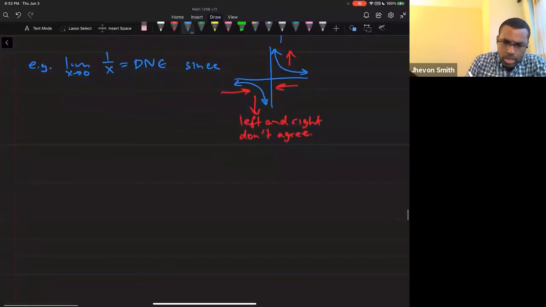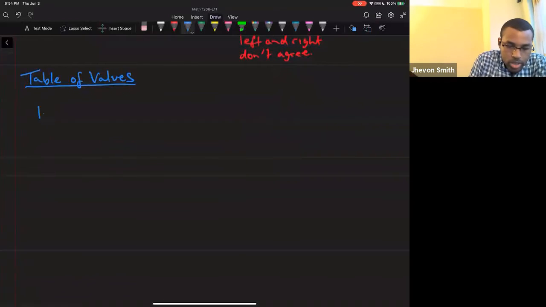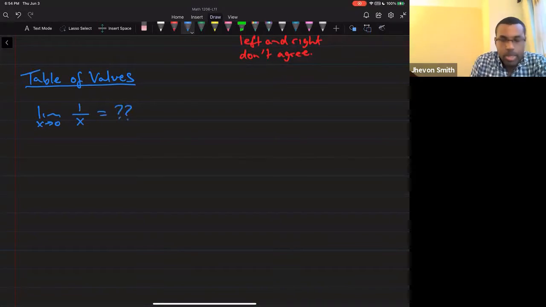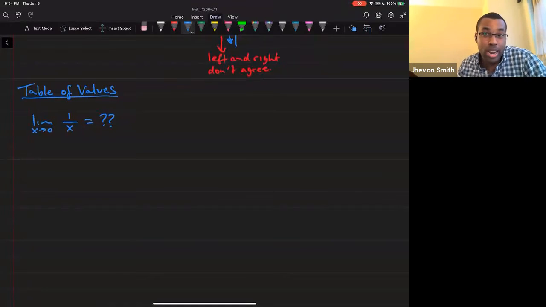Let me show you what the table of values might look like. So let's say I wanted to find the limit as x is approaching 0 of 1 over x, and I want to know what that is. And for whatever reason, I just don't believe in graphing stuff, so I'm going to start to plug in numbers.